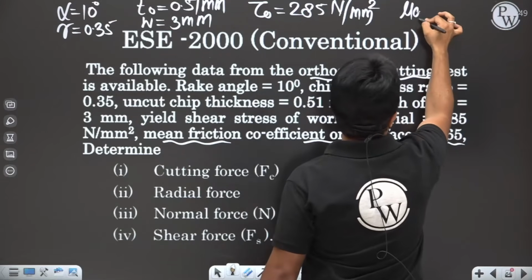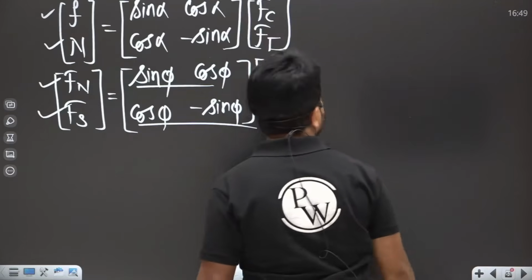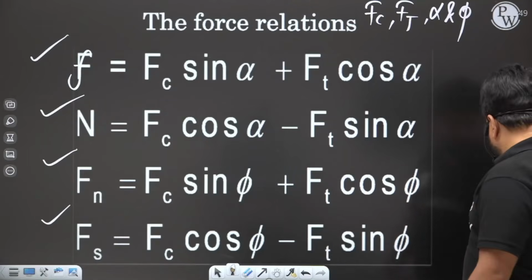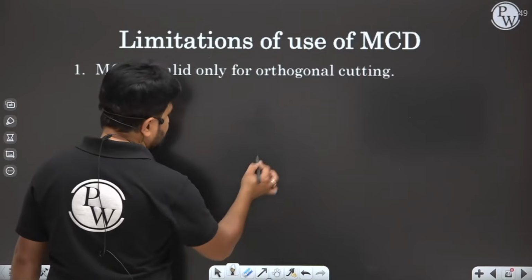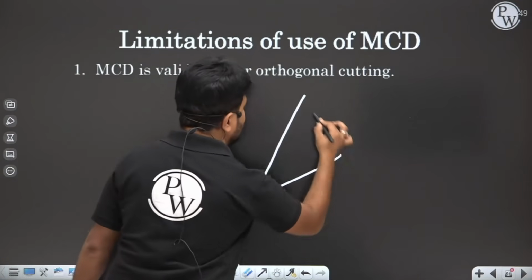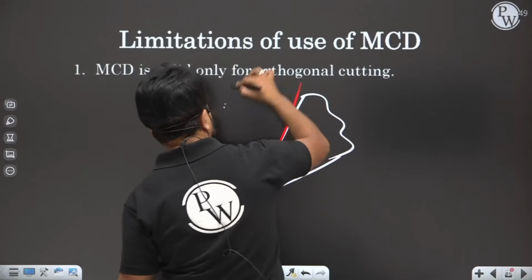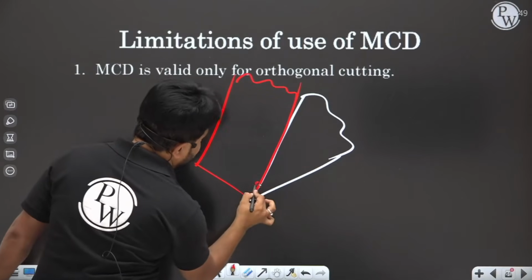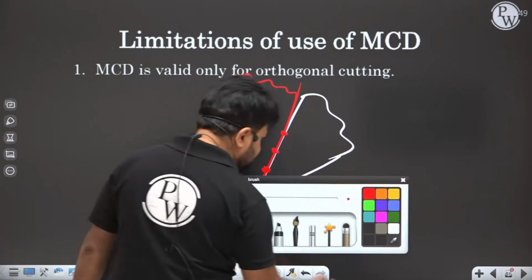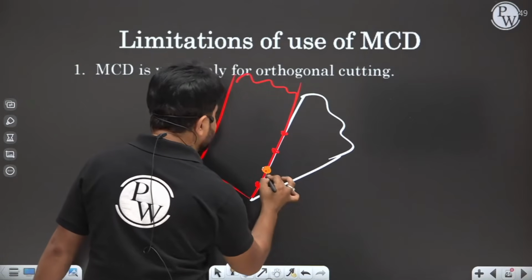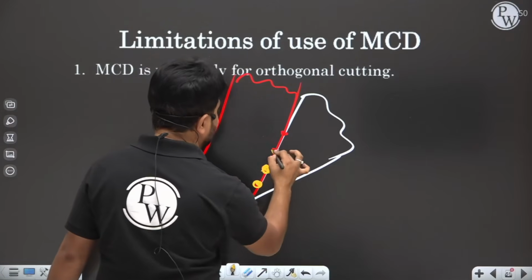Here he says mu average is 0.65. Why does he say that? Because, my dear, suppose that this is a tool. When the chip is moving in an upward direction, the contact between the chip and the tool varies.